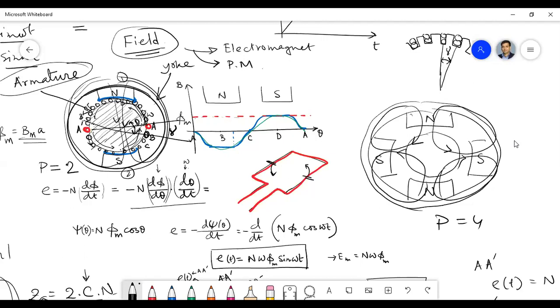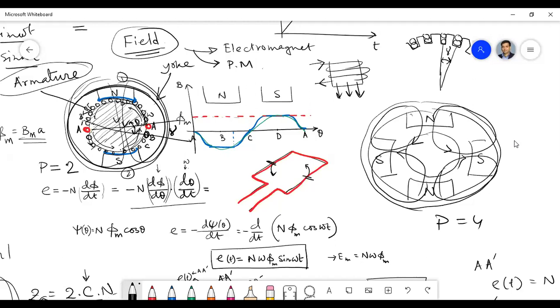Now, suppose we have an electromagnet as a field. What do we need for an electromagnet? We need one ferromagnetic core and some coil on that, and we have to flow some current through it. Then it will generate some magnetic field, isn't it?